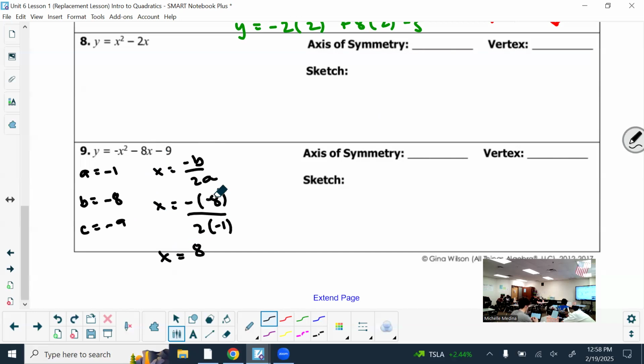That's like -8 times -1. On the denominator, what's 2 times -1? -2. And when I divide that, 8 divided by -2 is, and for our axis of symmetry, we get x equals -4.